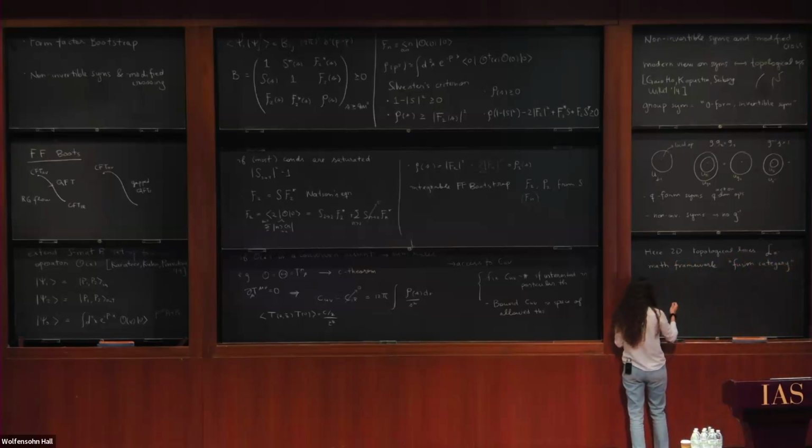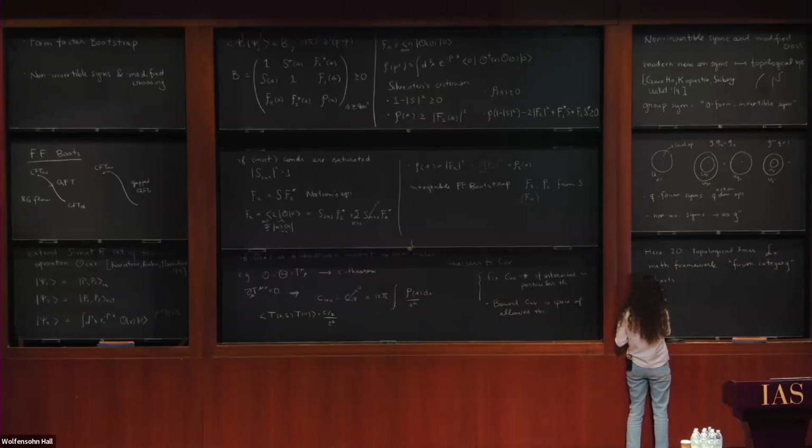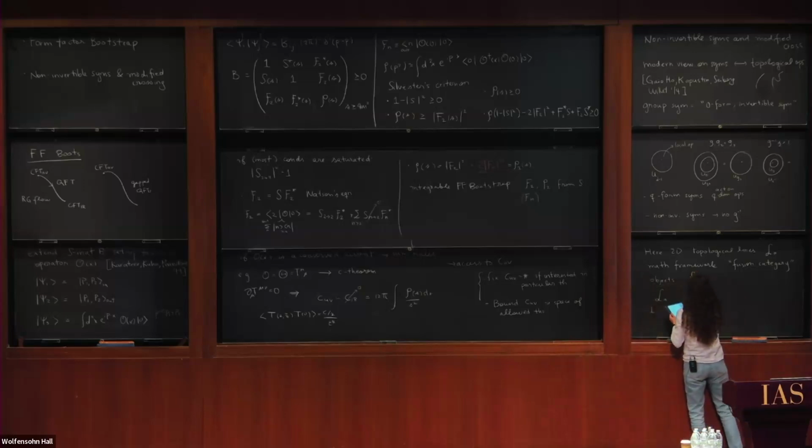But some ingredients that you need to describe what a fusion category is: some objects, which for us will be these topological lines. You will always have the identity there. You have some fusion rules, where these coefficients are called fusion coefficients and are positive integers.